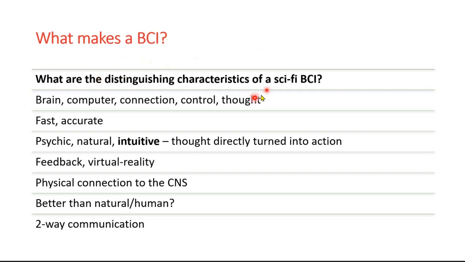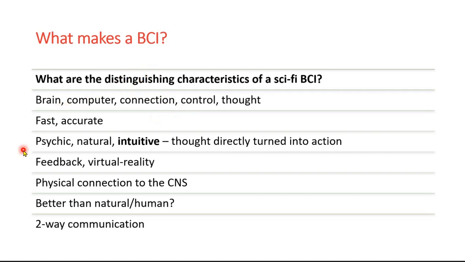So what we have is the human brain, and we have some external computer applications, or the computer itself, some connection, control, and then the brain involves thought. And in those idealized science fiction BCI, they are very fast and accurate. Fast in terms of translating human thought into control application.